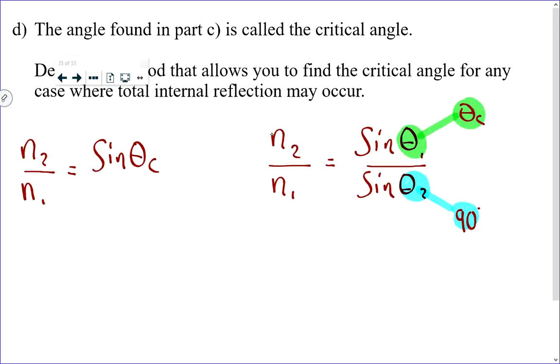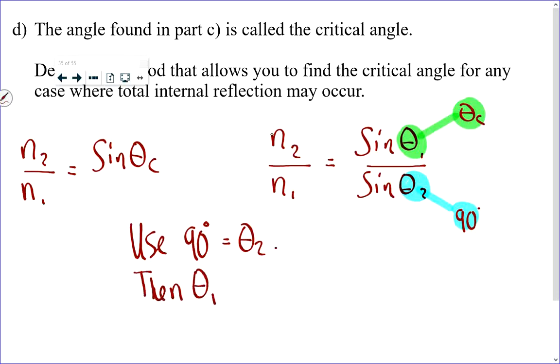This is a general way for you to find the critical angle. But again, use 90 degrees as theta 2, then what your theta 1 becomes is the critical angle. That's what you're doing when you find a critical angle for total internal reflection.